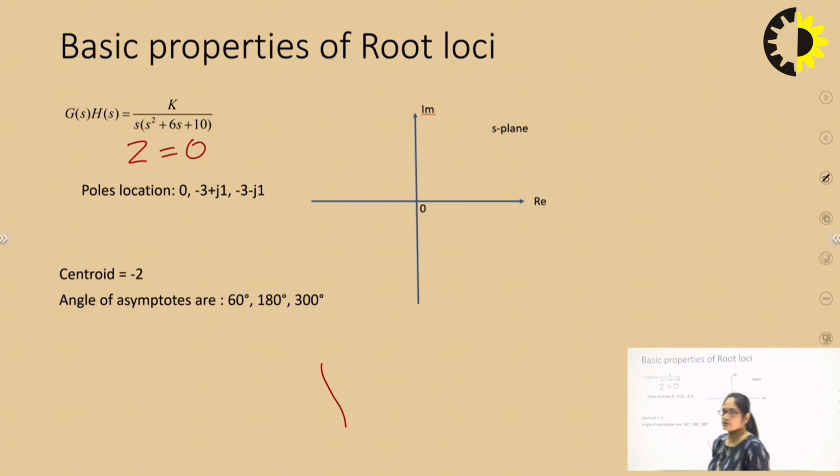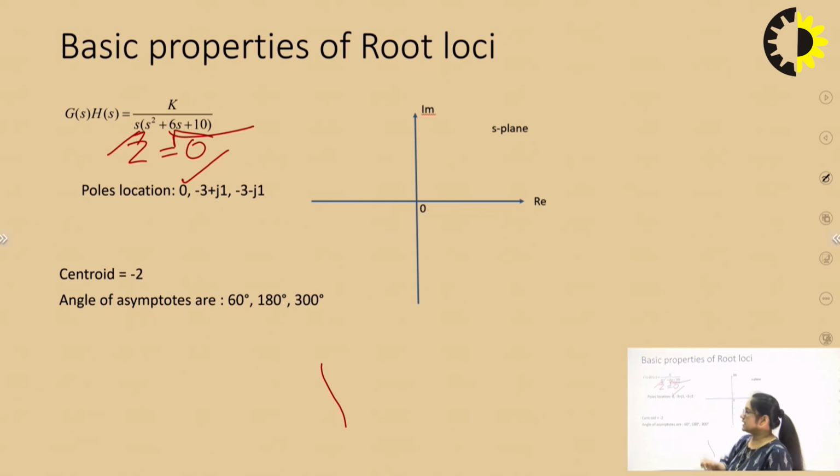We don't have any zeros here, but there are 3 poles. One pole is located at the origin, and there are 2 complex poles, minus 3 plus j1 and minus 3 minus j1.